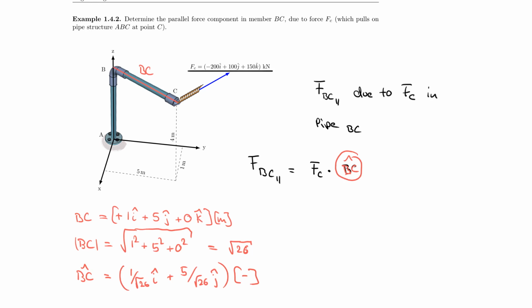The last thing I'm willing to do for you here is to visualize it for you. So we have a parallel component here, and we have a perpendicular component right here. So this would be FC perpendicular and then FC parallel.